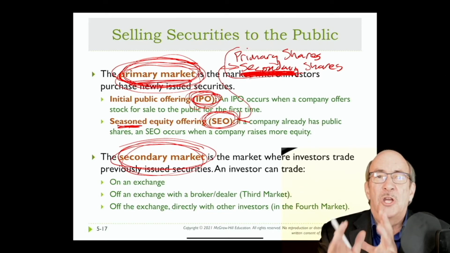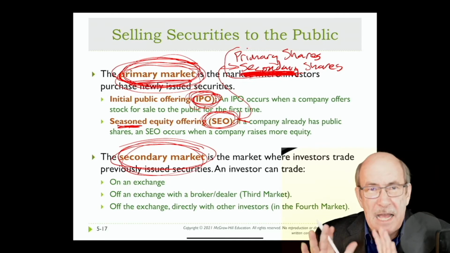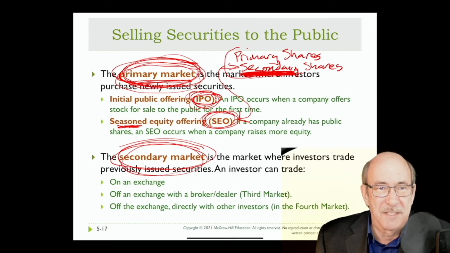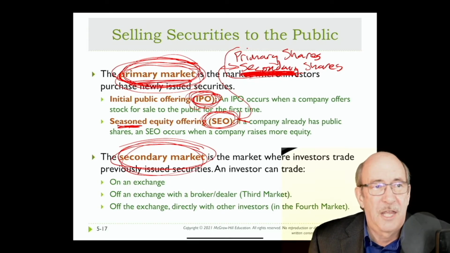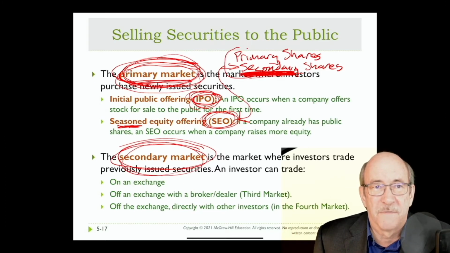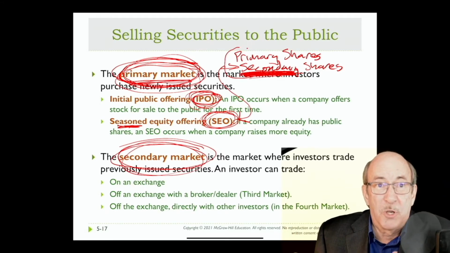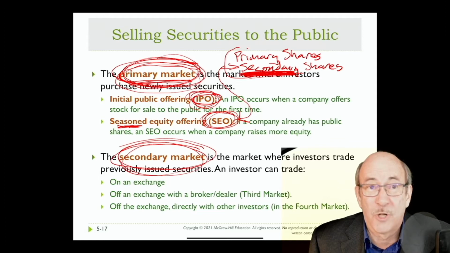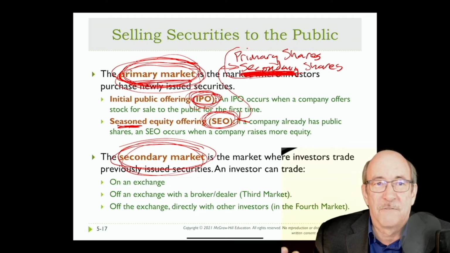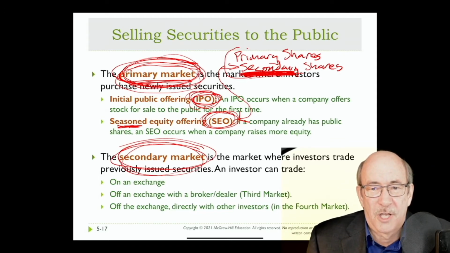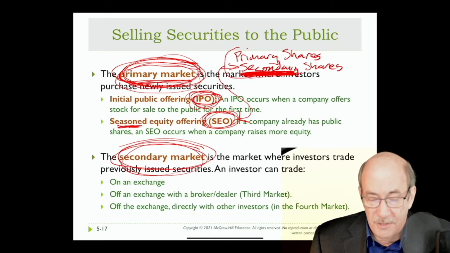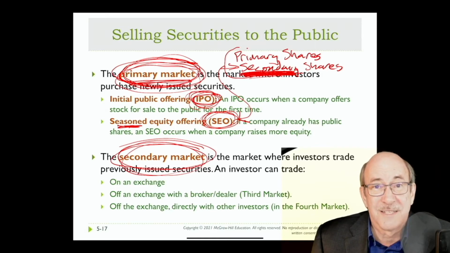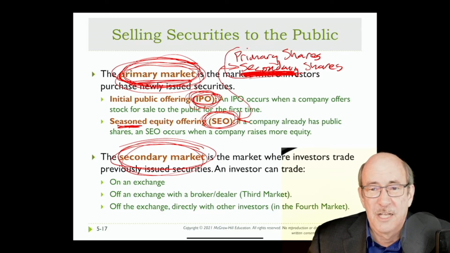I want to be very transparent to the market, not hiding anything. So I'm going to let the SEC go through their process, and I'm going to try to maximize the value I get for these shares. So I'm going to do it as a seasoned equity offering. The company has to obviously agree to this, but sometimes you'll find that SEOs are entirely composed of secondary shares.